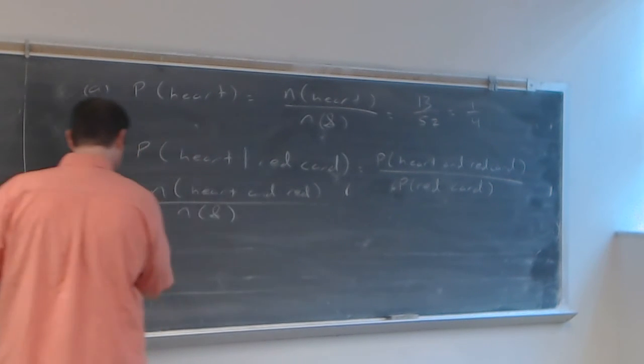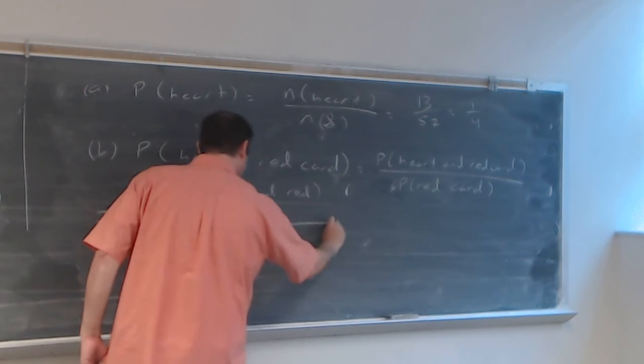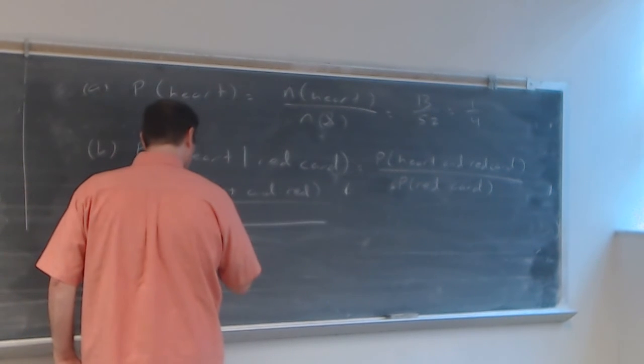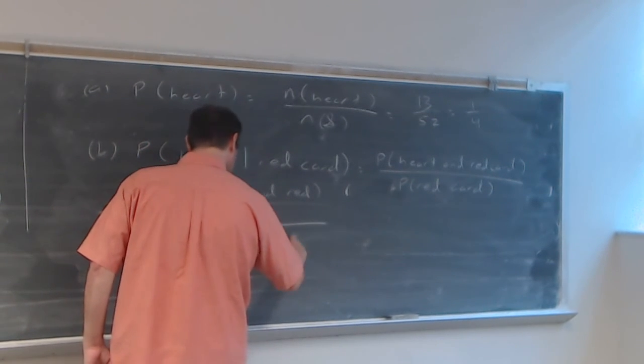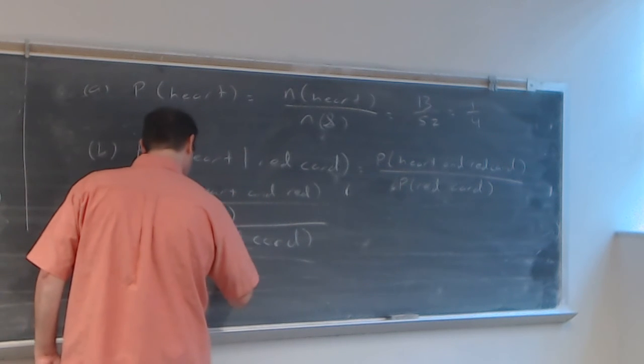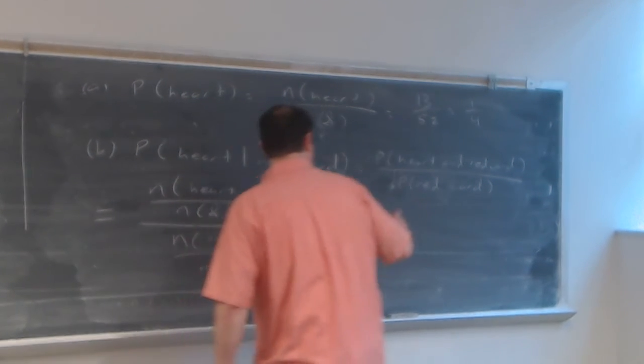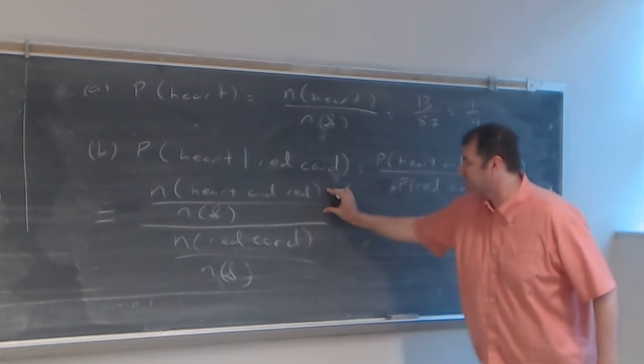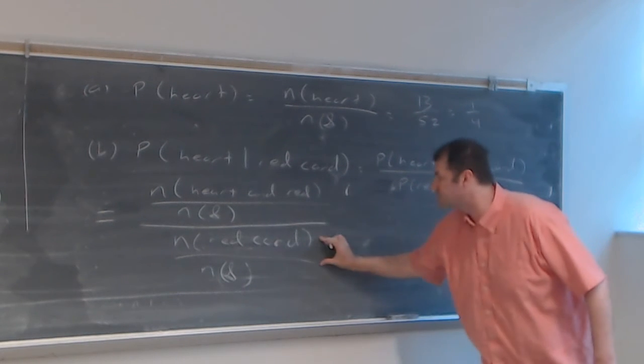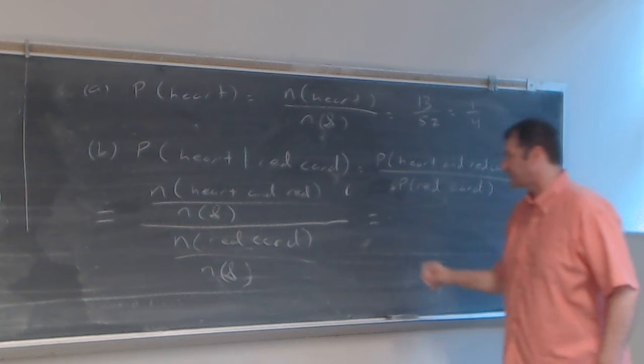That's the top probability. All divided by the number of ways of getting a red card over the number in the sample space. So probability of heart and red is this fraction. Probability of red card is this bottom fraction, so I got a complex fraction.